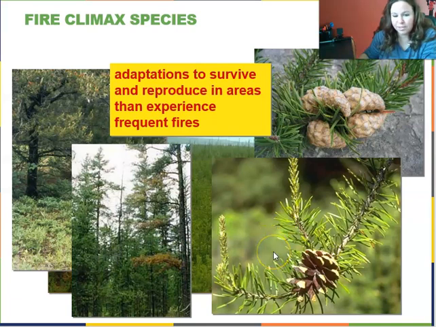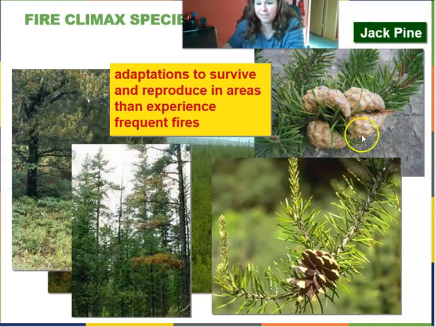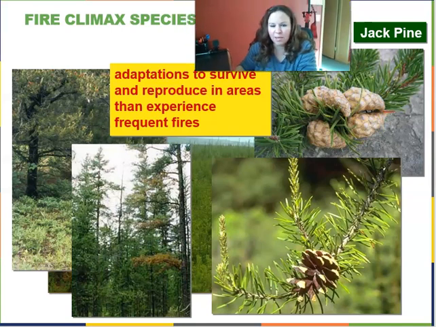And then big trees that live in those areas may have adaptations to survive these fire climax forests, like jack pine. They have seeds that open up when a fire occurs. That helps to spread their seeds, so it's expected every now and then there should be a forest fire to burn all the kindling and stuff below and release those nutrients, release the seeds of some of these species who have the adaptations for surviving the fire.